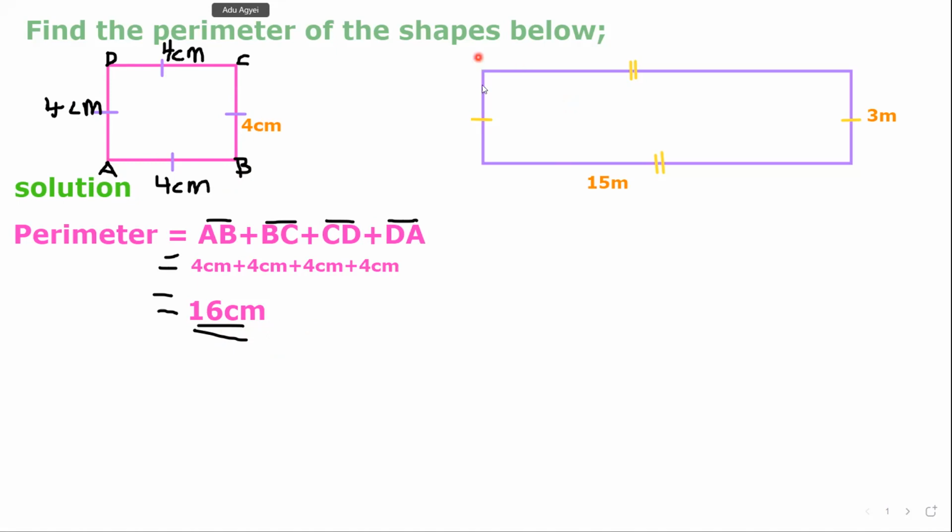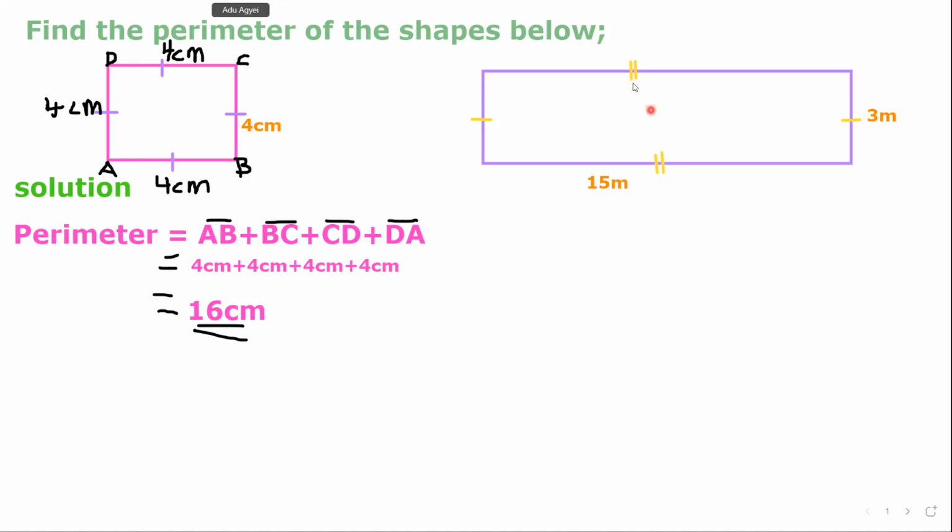Now, let's solve question 2. This shape here looks like a rectangle, and we said the opposite sides are equal. Since the mark here is 1 and here is also 1, it shows that this line and this line here are the same, since they have the same indicators showing that the lines are equal.